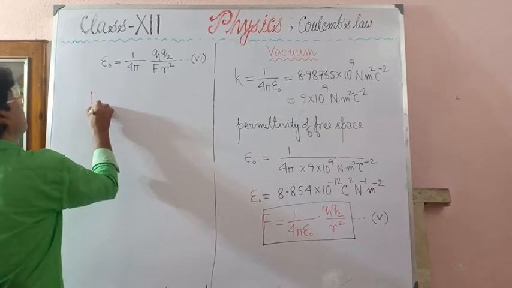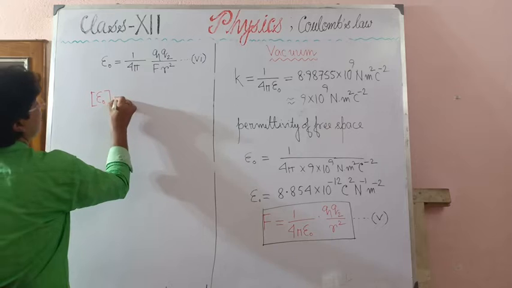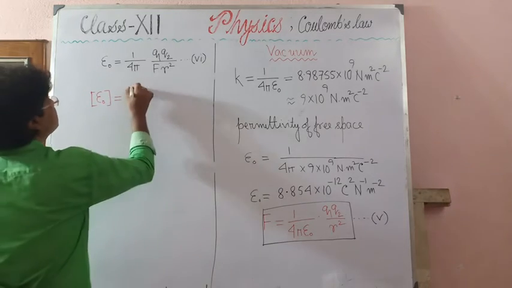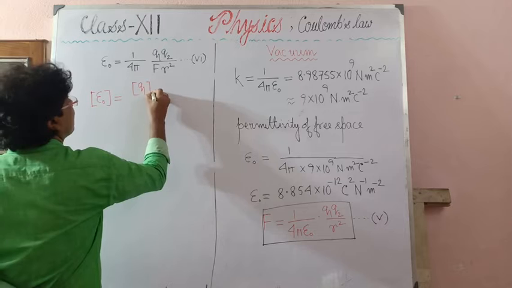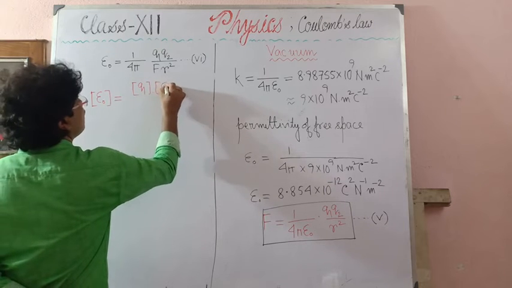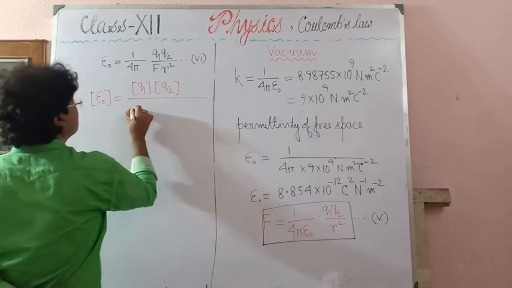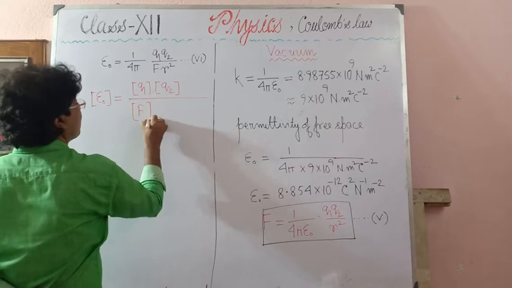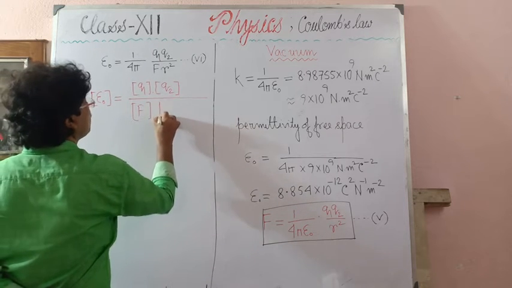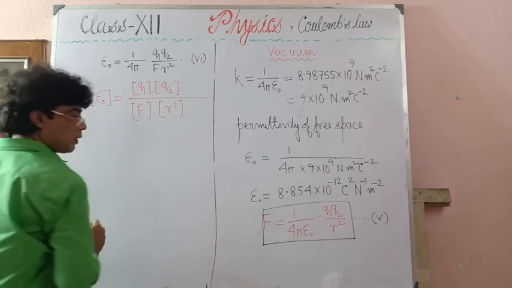So, dimensional formula of epsilon 0 equals dimensional formula of Q1 into dimensional formula of Q2 by dimensional formula of F into dimensional formula of R square.